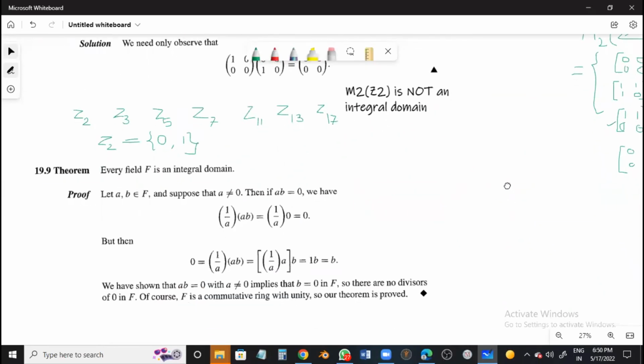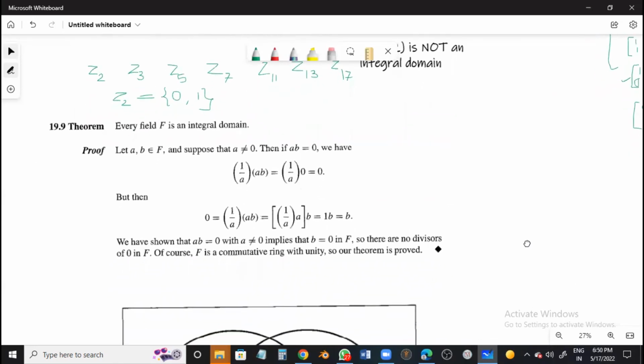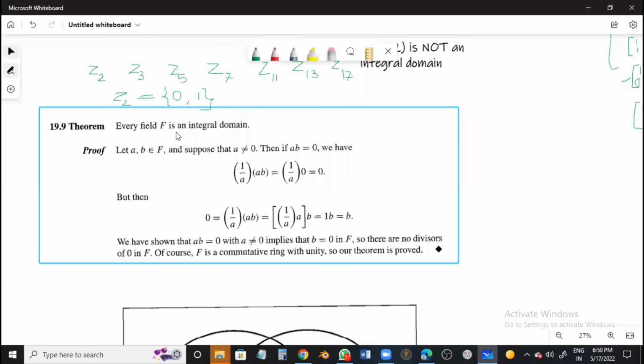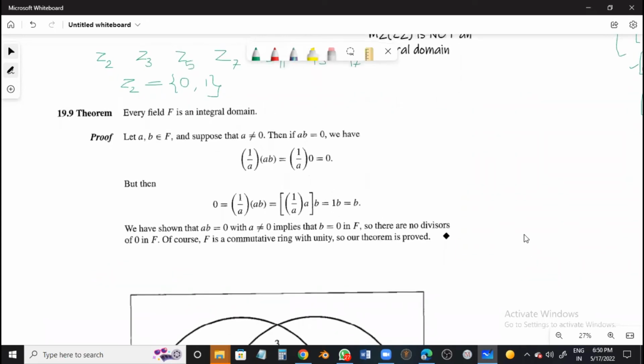Now I would like to go to this theorem. We want to show that every field is an integral domain. So what do you mean by a field? Field is a commutative ring with unity where every non-zero element has an inverse.